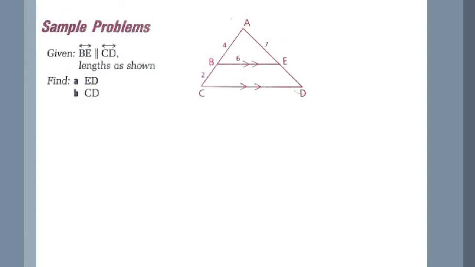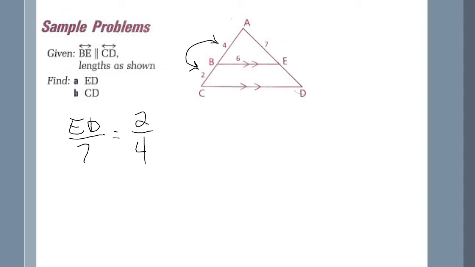So here are some problems as shown. Line BE is parallel to line CD and the lengths are shown. First, we want to find ED. Since the relationship between these two is 2 to 4, then ED over 7 equals 2 to 4.